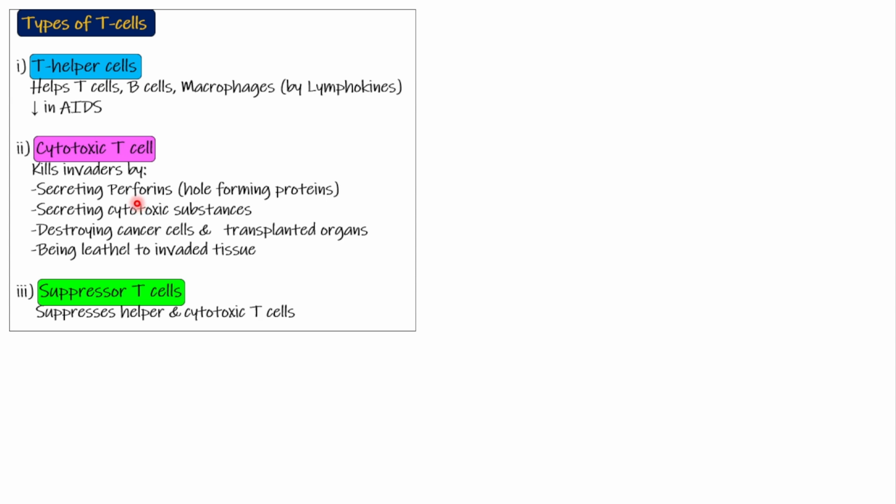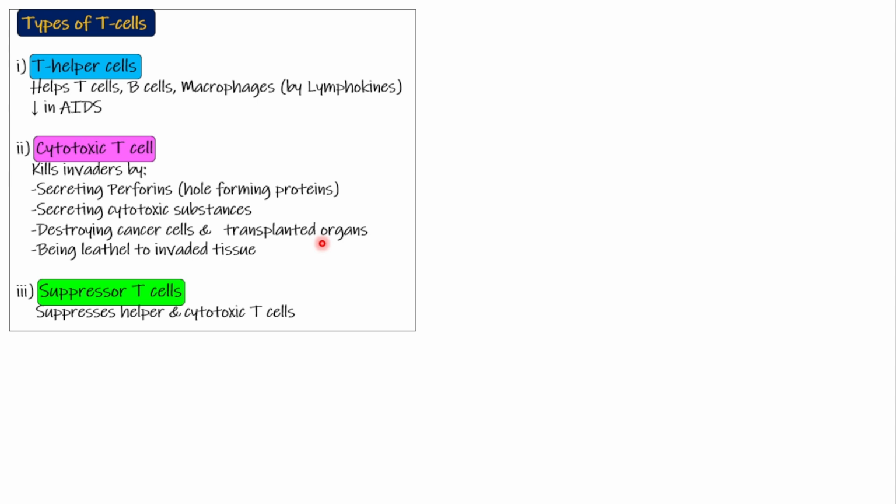Then these cytotoxic T cells secrete these cytotoxic substances. And then these T cells will destroy the cancer cells and also the transplanted organs. Basically, they will attack any cancerous cell or any foreign body.